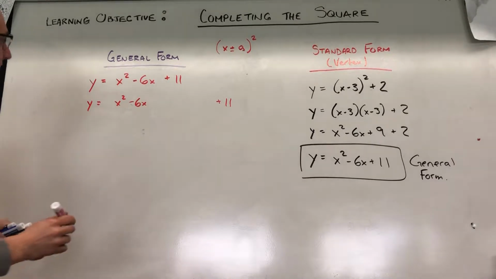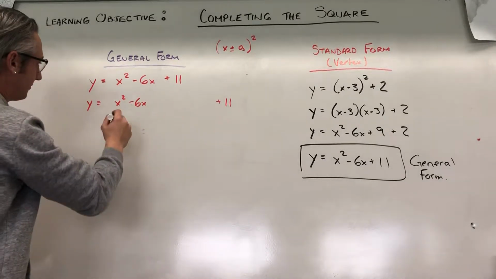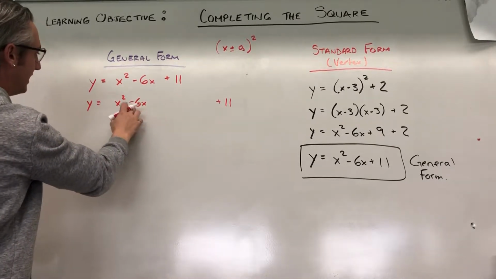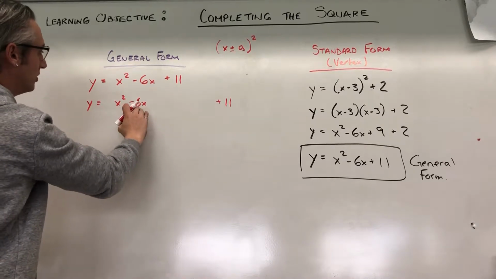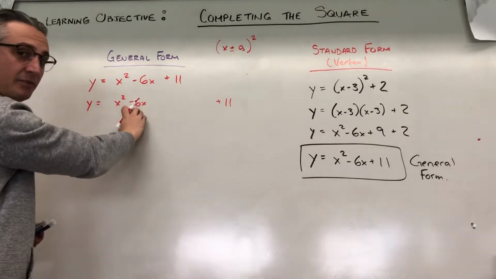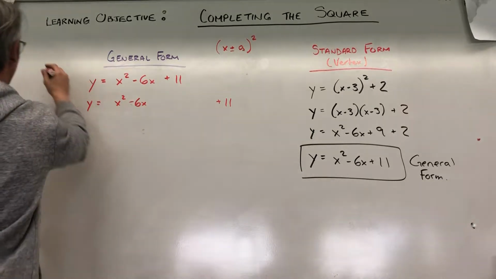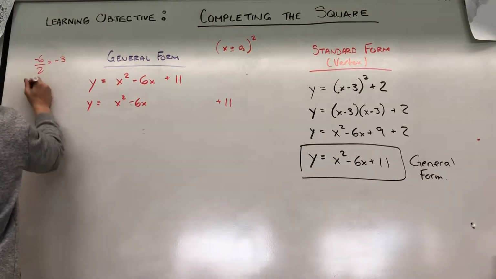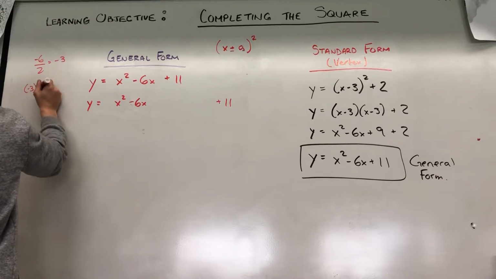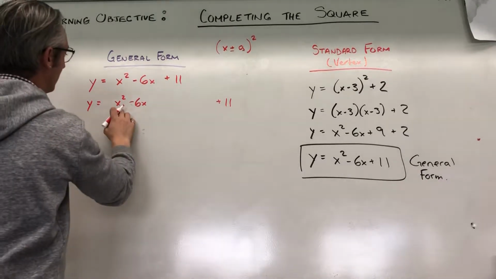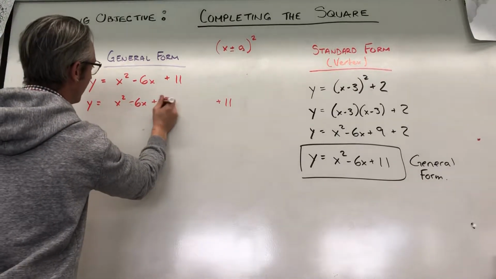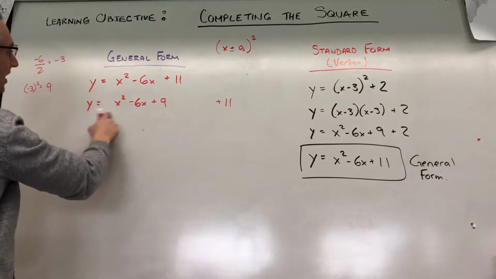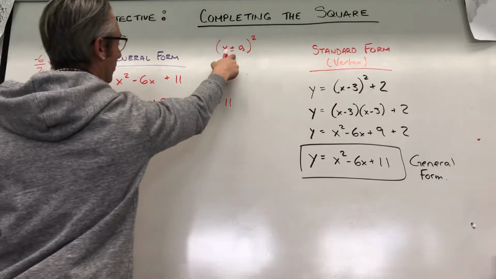Well, to do that, I say, okay, what's negative 6 divided by 2? Negative 3. And then negative 3 squared is 9. So x squared minus 6x plus 9 would make this factorable into a perfect square polynomial.